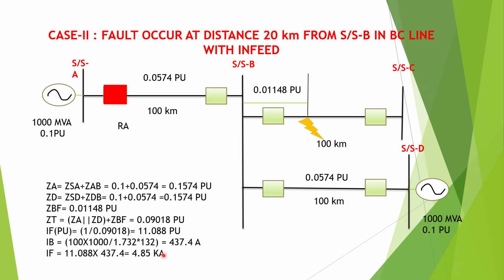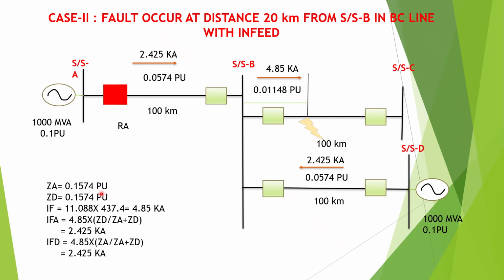Now the base current is 437.4 ampere. So the value of the fault current will be base current into the fault current in per unit value, which is equal to 11.088 into 437.4, which comes as 4.85 kiloampere.